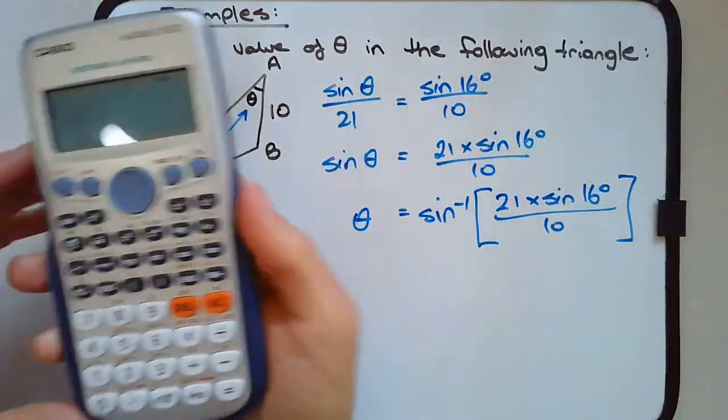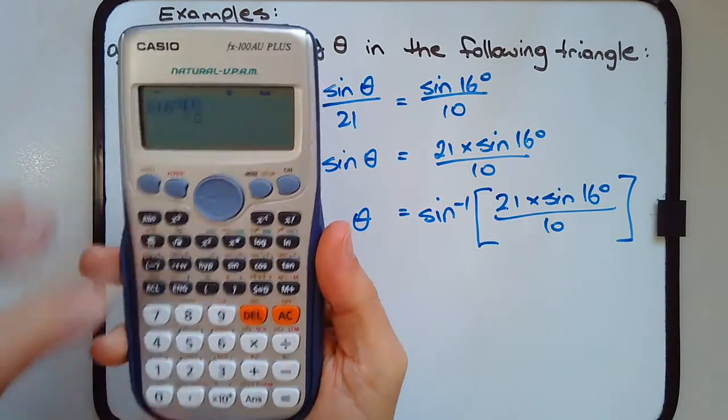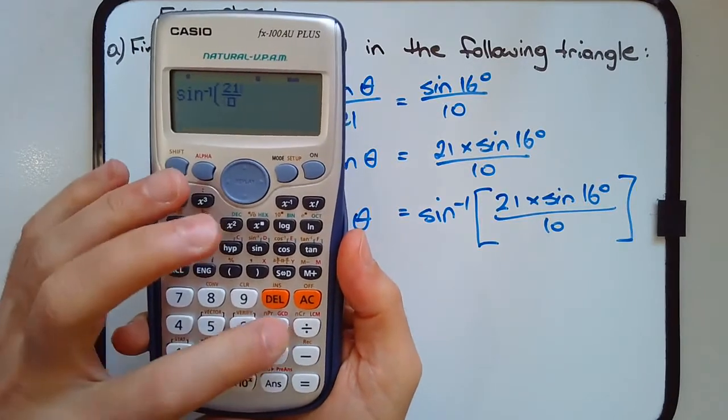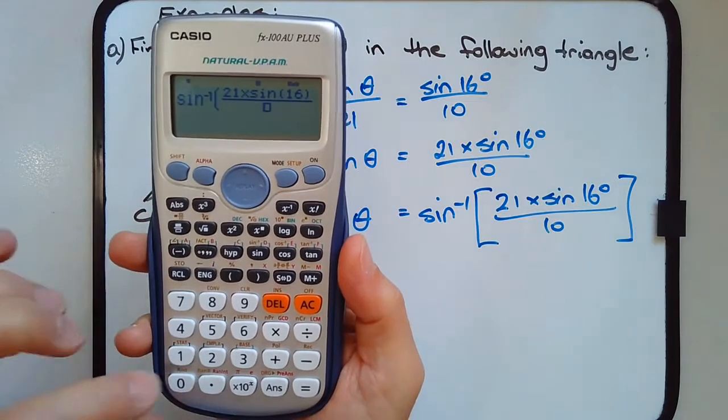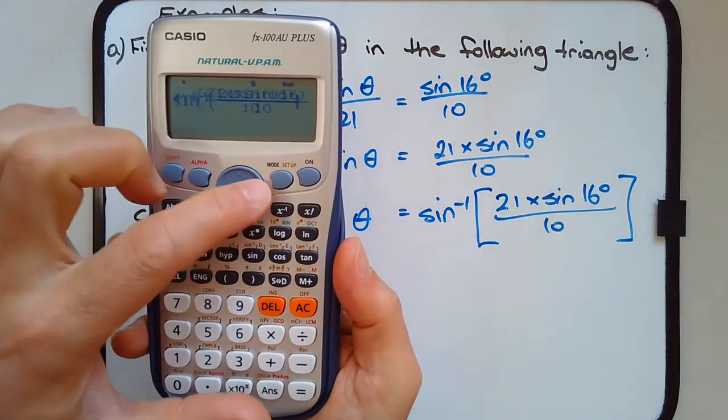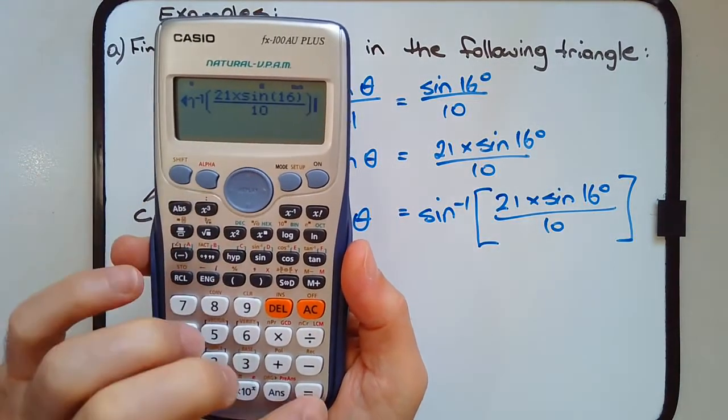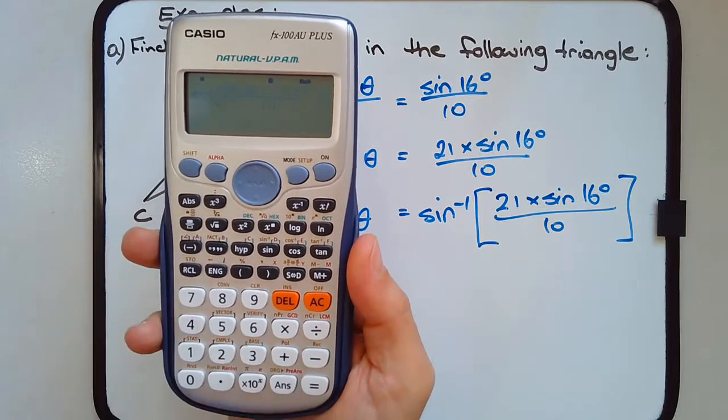So I'll enter that in now: shift sine, fraction, 21 multiplied by sine of 16 degrees, close brackets, over 10, and close the big bracket there. What do we get?